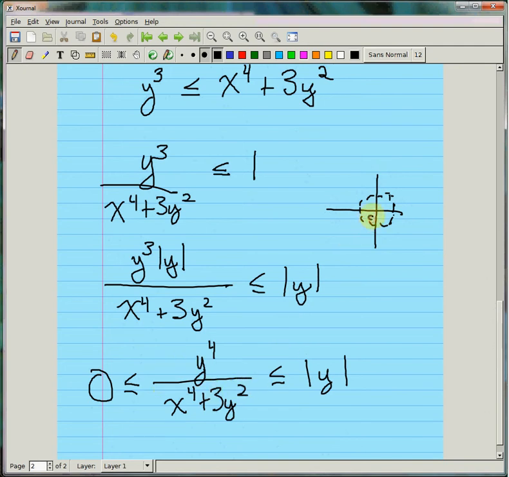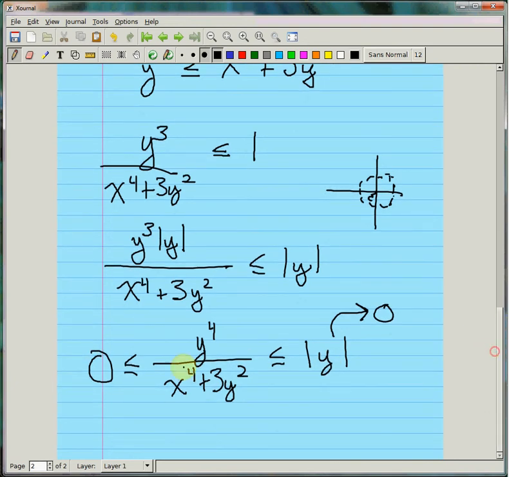So that means if I approach the origin along any path, this part is going to go to 0, right? It's clear that as the y coordinate approaches 0, this thing is going to go to 0, and this thing already is 0. And so the thing in the middle gets squeezed down to 0.